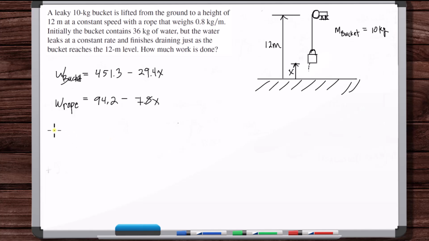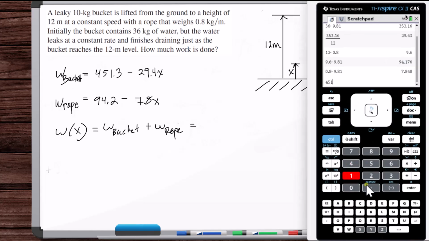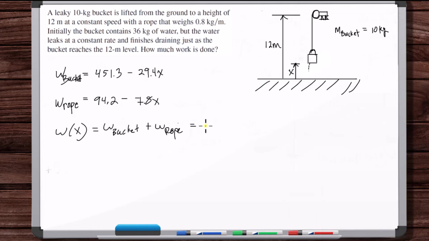So the weight that we're dealing with, the actual force that we're going to be calculating the work with, calculating the force over a distance, is going to be weight of bucket plus weight of rope. So 451.3 plus 94.2 is 545.5.